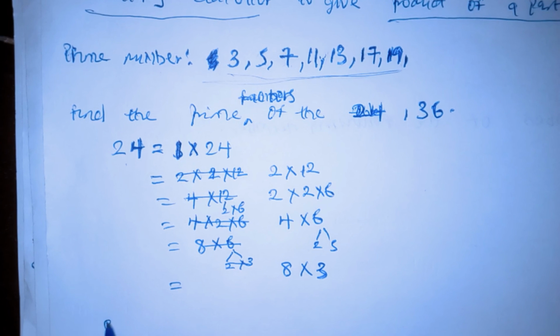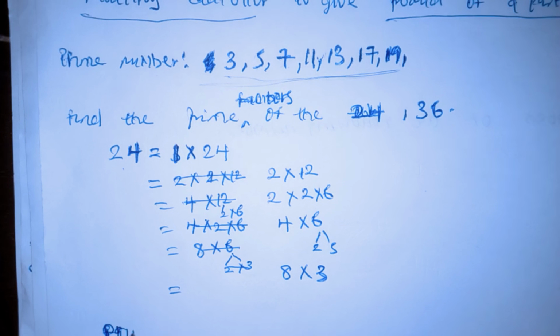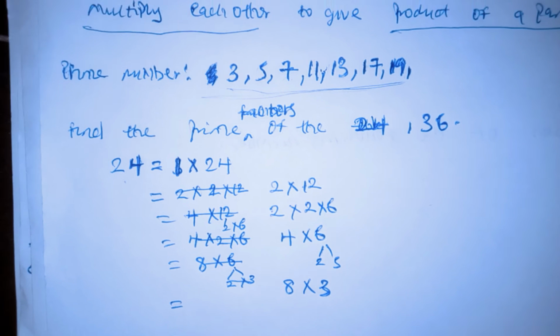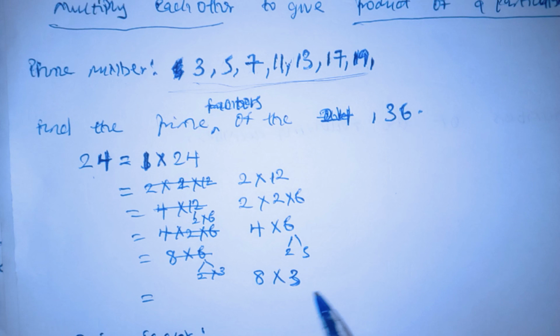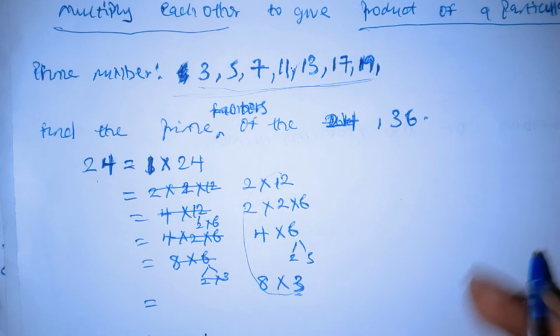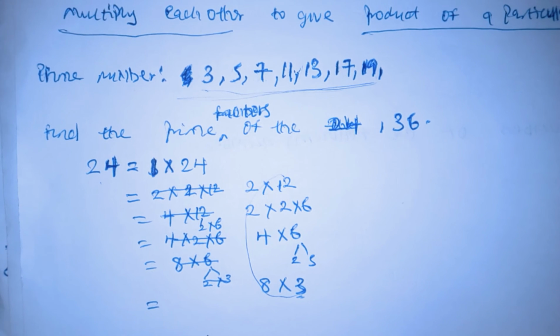So the prime factor of 24 is the number among these factors that is a prime number.